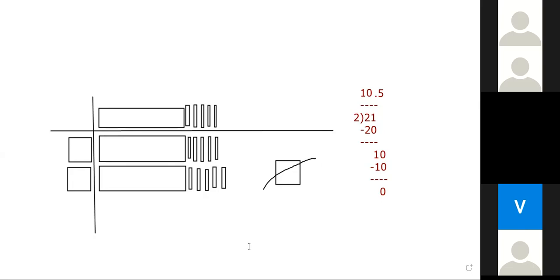So homework is to try 3 divided by 4 or 7 divided by 4 this way. So 2 algebra divisions and 1 number division, and they are very linked.